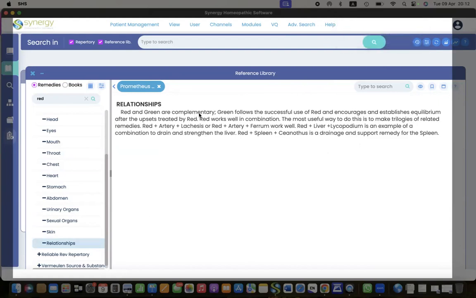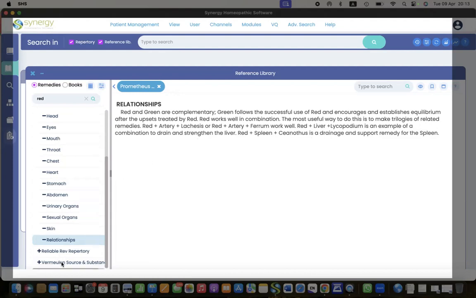Red and green complementary. So I've got sort of trilogies of remedies: red, artery, lachesis, and then for the liver, red plus lycopodium. So it's obviously red used as a sarcode, and then lycopodium, and then for the spleen, red, spleen, and ceanothus.